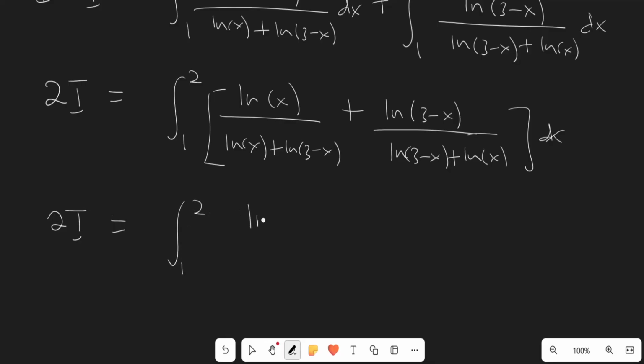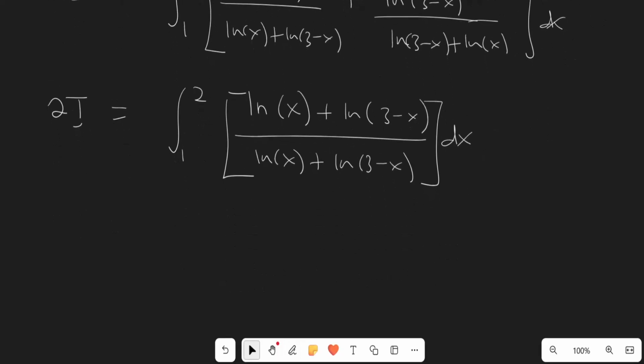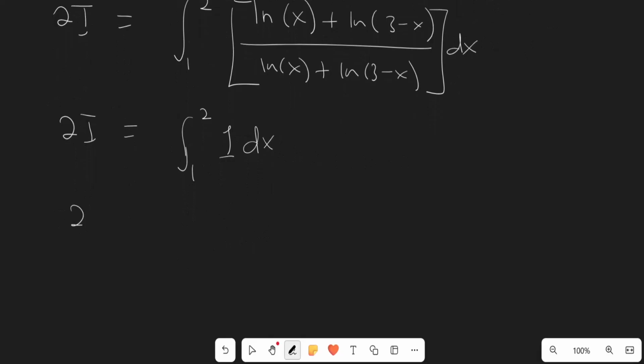Combining this, it's the natural logarithm of x plus the natural logarithm of 3 minus x, all over the natural logarithm of x plus the natural logarithm of 3 minus x, dx. So the numerator and the denominator are the same, they just cancel out and you are just integrating 1 in the x world.